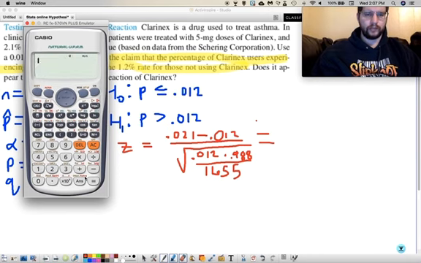Let's see. Oops, I need a fraction. Another square root with a fraction. So, wow, that's a big z test statistic, 3.3626.